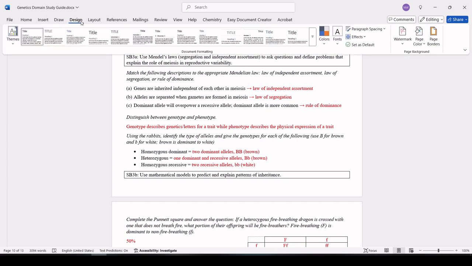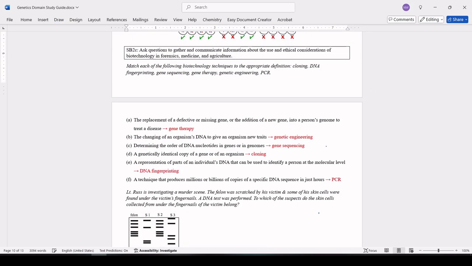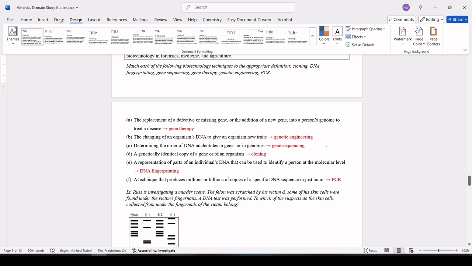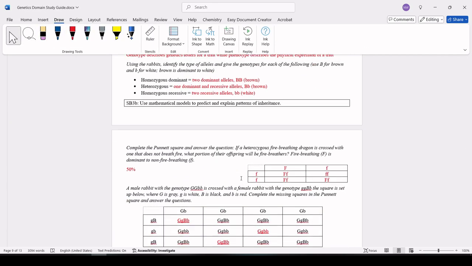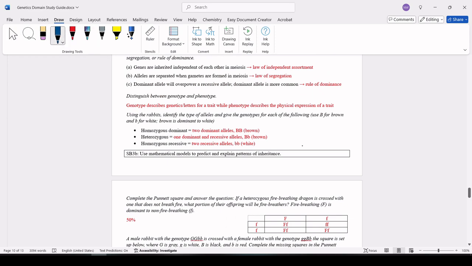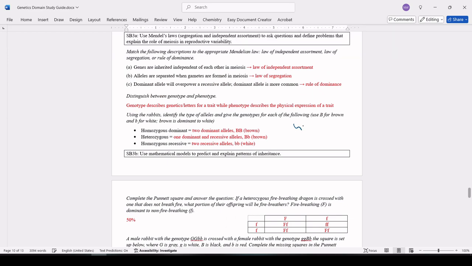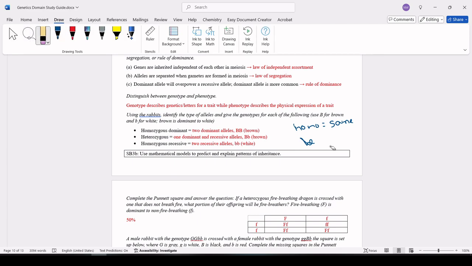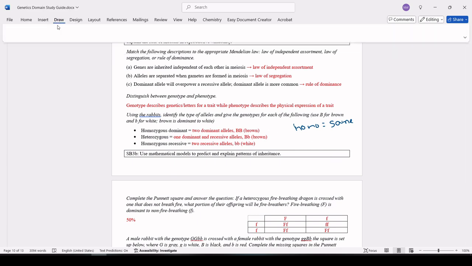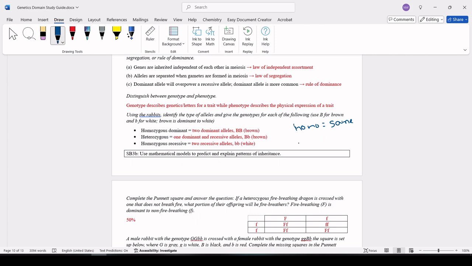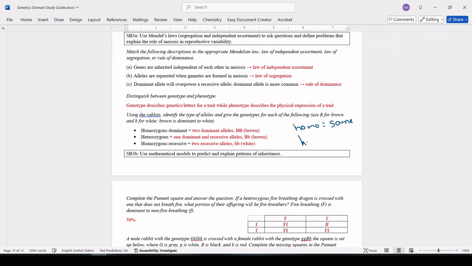Heterozygous. Hetero means different. Okay, so again, homo equals same, and hetero equals different. For heterozygous, you are going to have 1 of each letter.